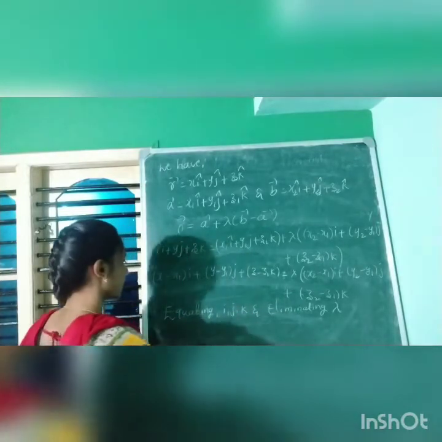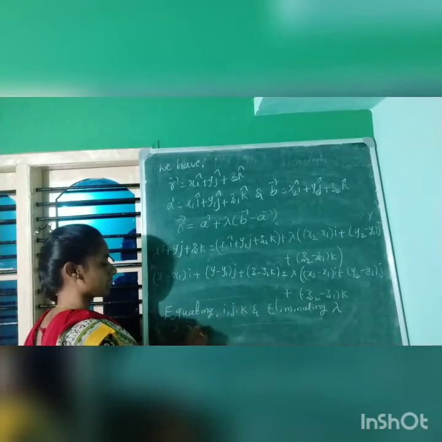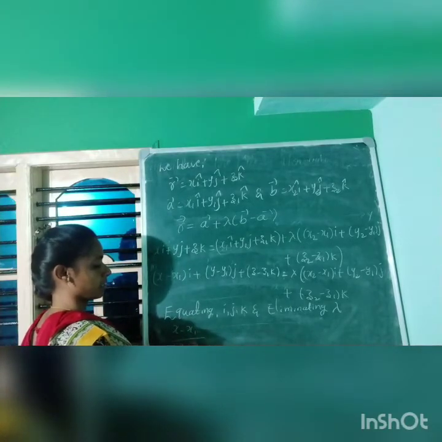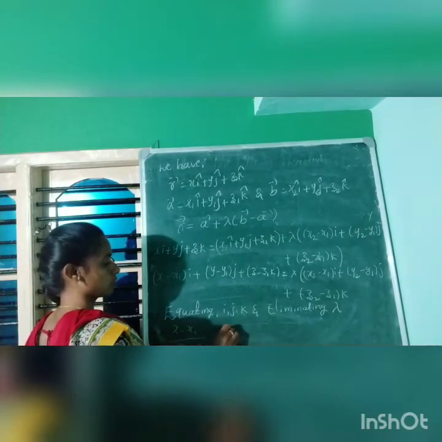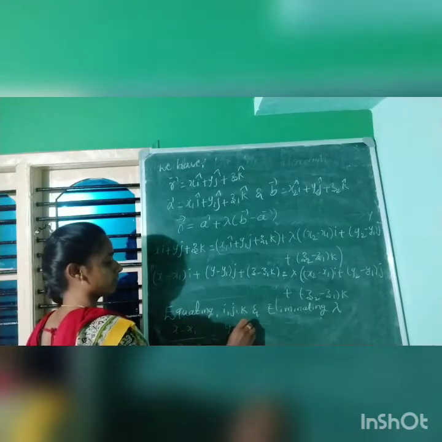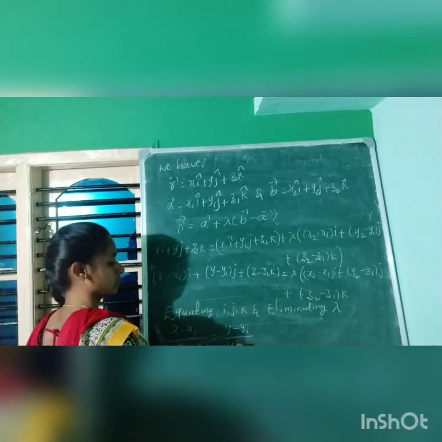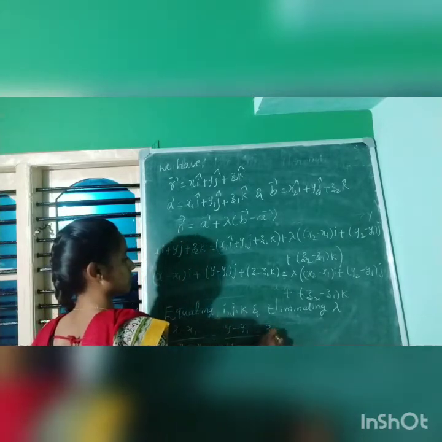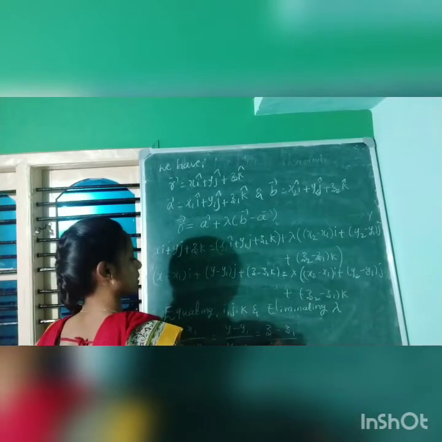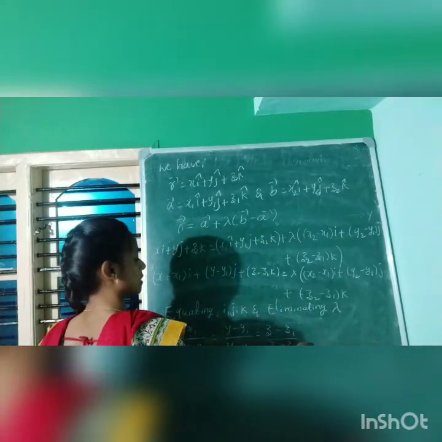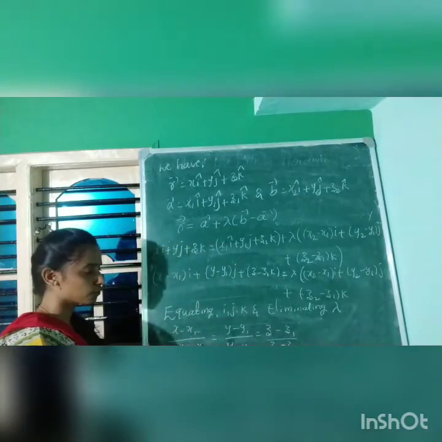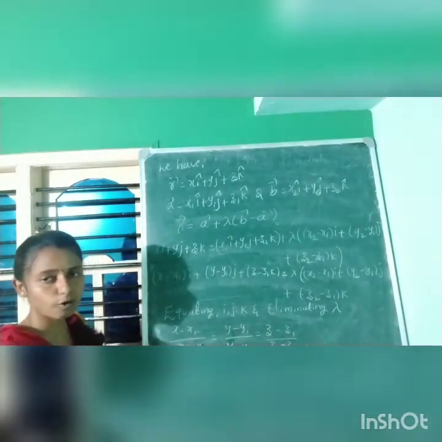So we can write that as (x minus x1)/(x2 minus x1) = (y minus y1)/(y2 minus y1) = (z minus z1)/(z2 minus z1). So this is the Cartesian form of the equation of a line.